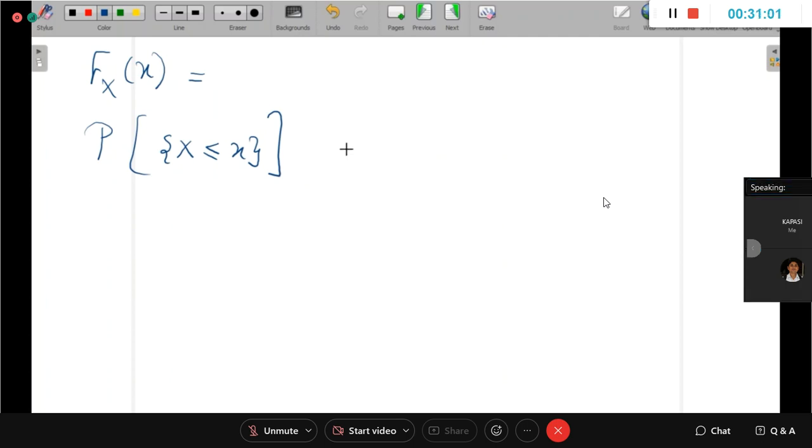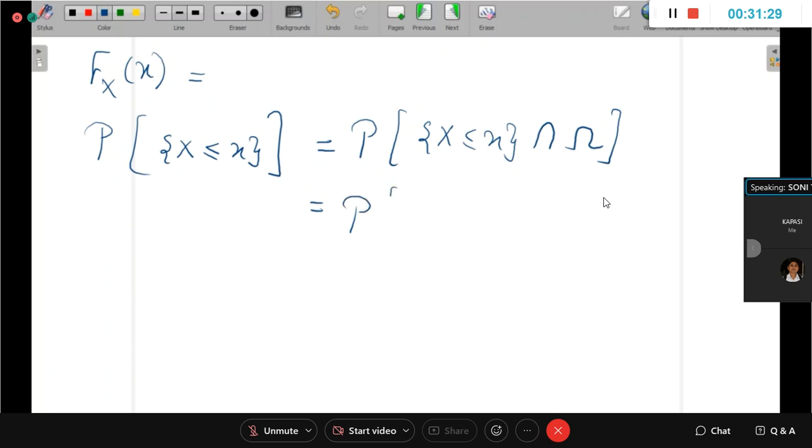Sir, what I was trying to say is we can write the event of random variable x less than or equal to small x as the event x less than or equal to small x intersection omega, and we can write omega as the union of the events y less than or equal to small y and y more than small y.